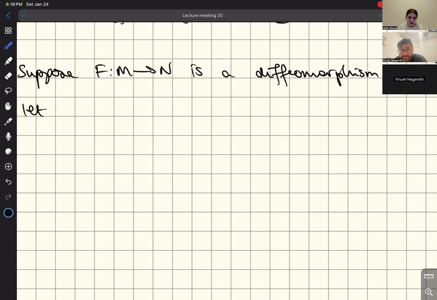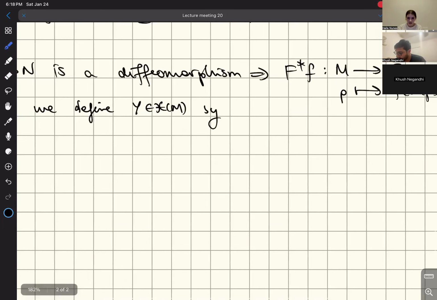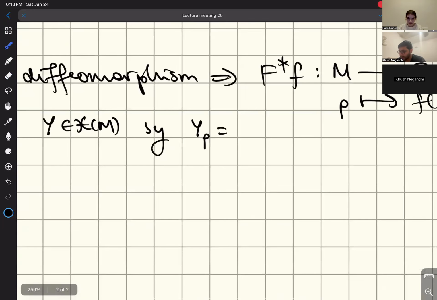So let X be a vector field on N, then we define the vector field Y on M by Y of P, so at the point P, is just the pullback, or rather the push forward by the derivative.